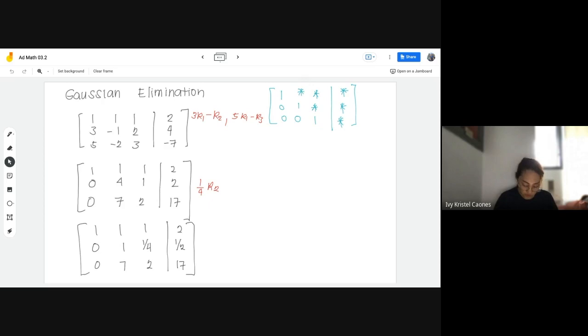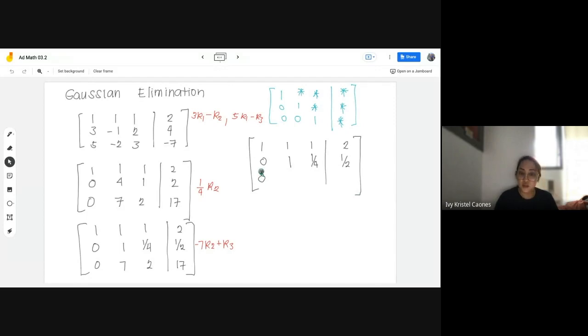Then after that, check our pattern. We need to zero this. And that is, you need to multiply 7 R2 minus R3. You can also use negative 7 R2 plus R3. So if we go with negative 7 R2 plus R3, 1, 1, 1, 2, then you have 0, 1, 1/4, 1/2, 0.